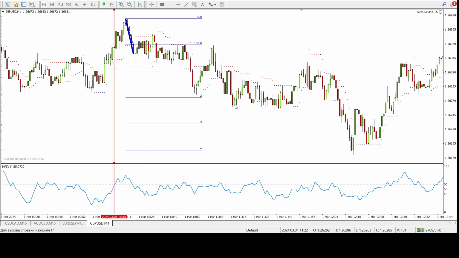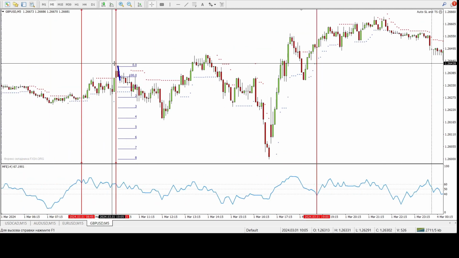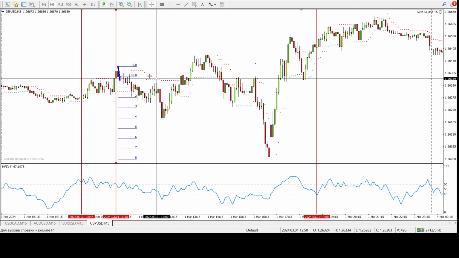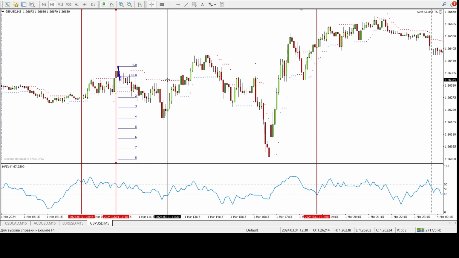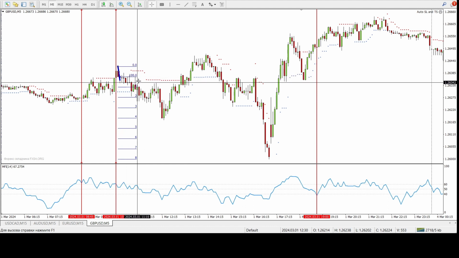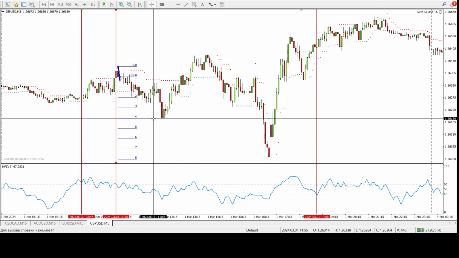Like this. Go to M5. According to the ATP stop indicator, we would have had no loss. It gave a maximum of 4% plus.